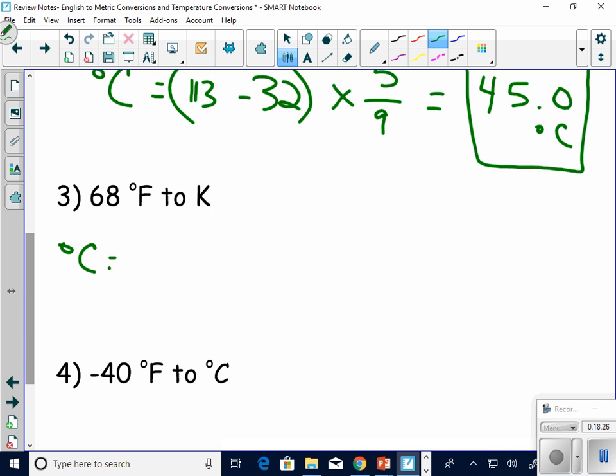Degrees Celsius equals Fahrenheit minus 32. So I take the 68, I minus 32, then I multiply that by 5/9. 68 minus 32 gives me 36. Multiply that by 5/9. It gives me a value of 20.